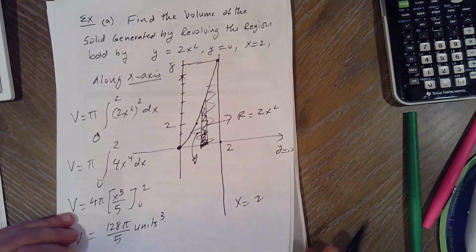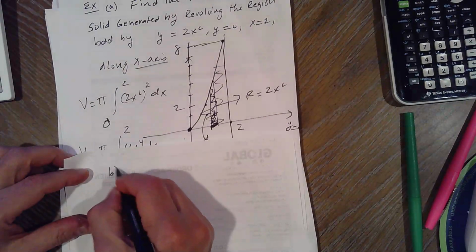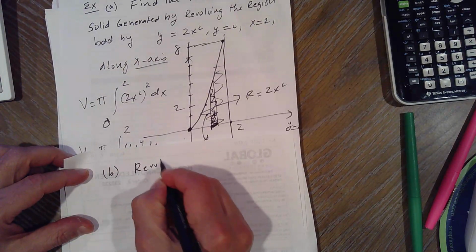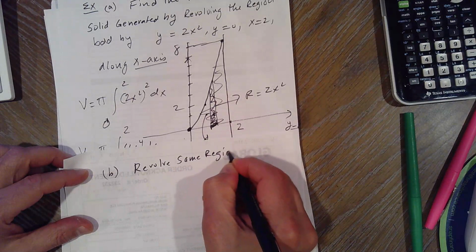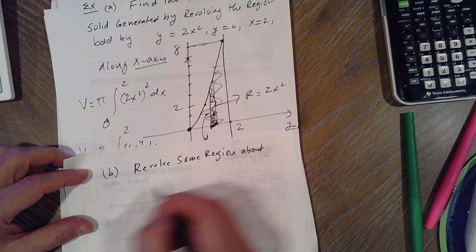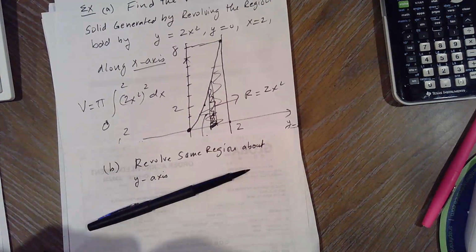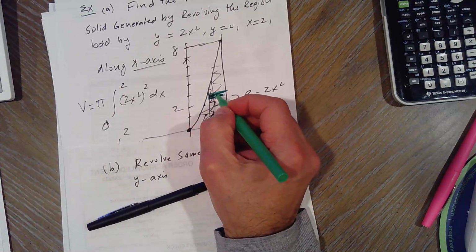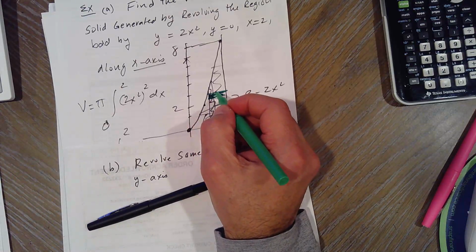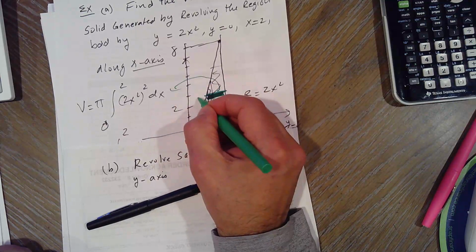Now what if we revolve the same thing about the y-axis? So part B, revolve the same region in A, but this time about the y-axis. So if we go this way, and we go like this, there is a gap.